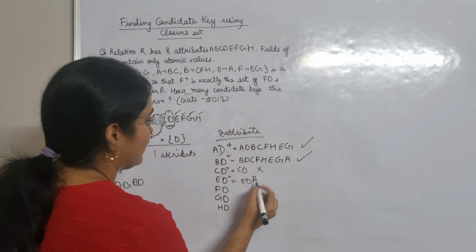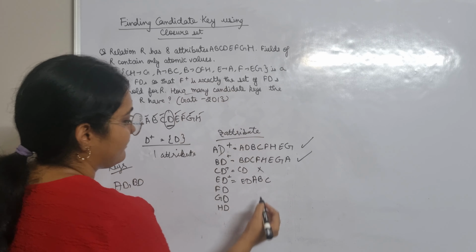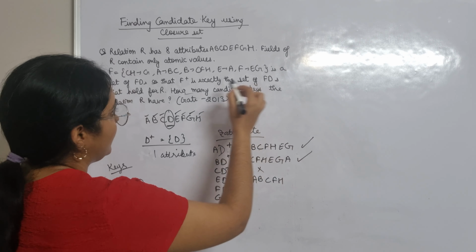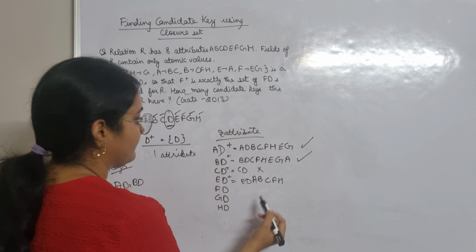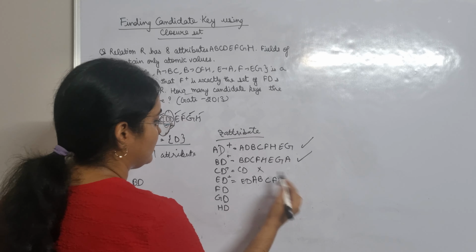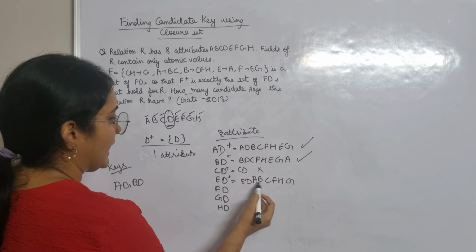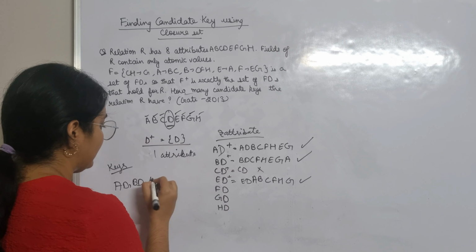A determines BC. Now A we have, so BC. B determines CFH. B we have, yes, CFH. E determines A. E we have, A also we have. F determines E and G. E we already have. G we didn't have. Now if you see A, B, C, D, E, F, G, H, everything we have. So ED is a candidate key.